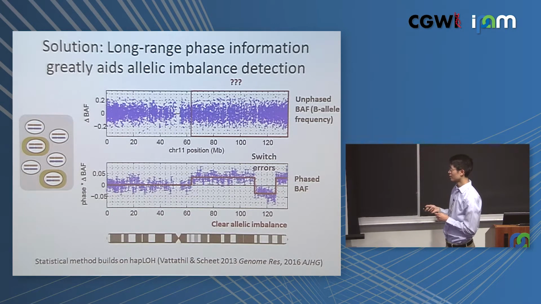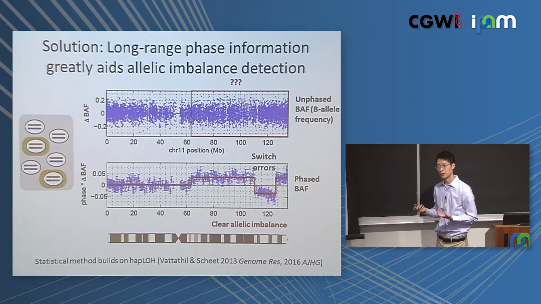And the reason is, let me tell you what you're seeing in this figure on the bottom. On the top, I was showing you B allele frequency, or really the shift in B allele frequency away from 50-50. On the bottom, I'm showing you phased B allele frequency, where instead of the B allele, now we're looking at haplotype 1 versus haplotype 2. What does haplotype 1 and haplotype 2 mean?